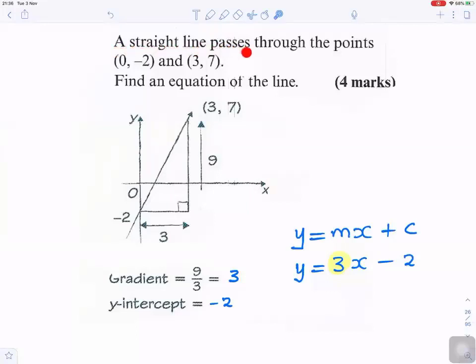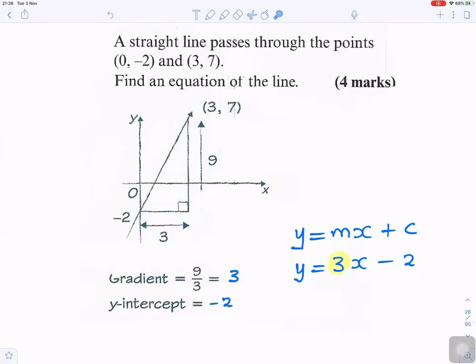A straight line passes through the points 0, -2 and 3, 7. Find an equation of the line. It's a 4-mark question. So that is the line passing through those 2 points, 3, 7 and 0, -2.